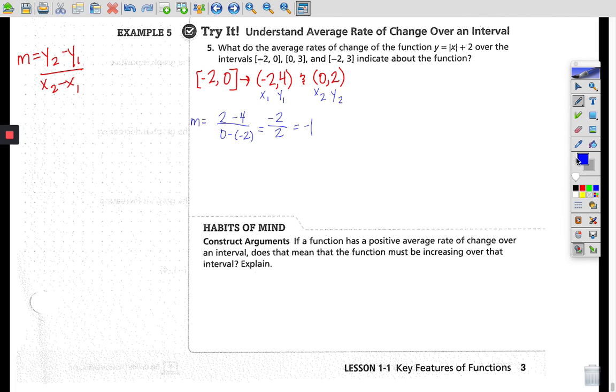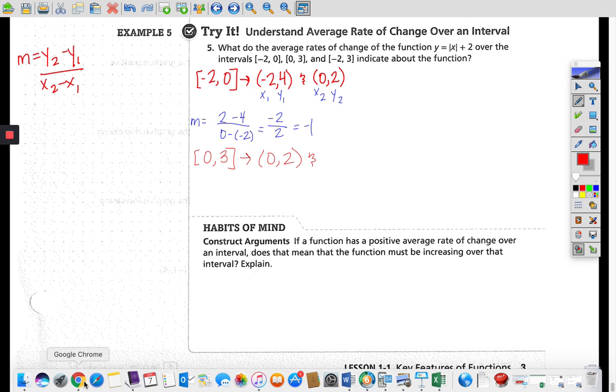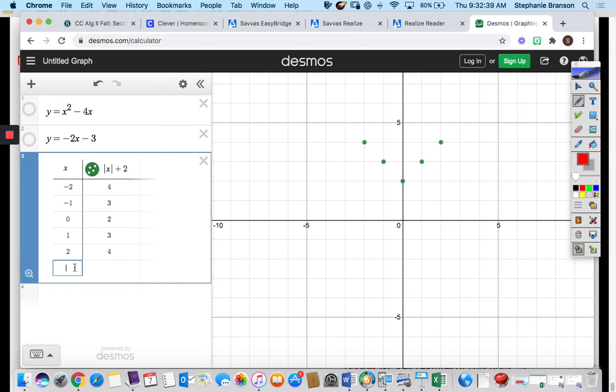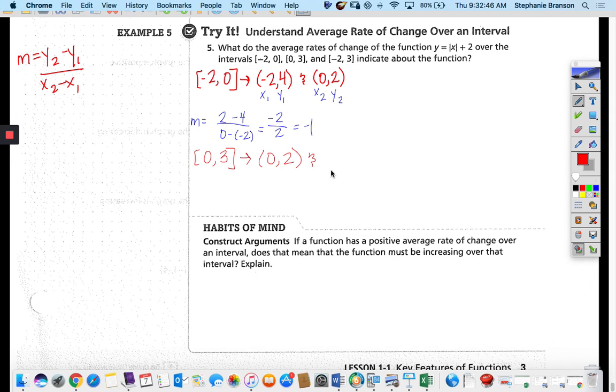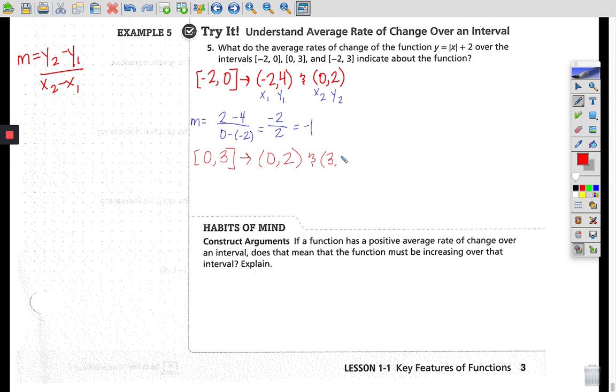All right, now let's find our average rate of change from the interval 0 to 3. Well, we know at 0, my y value is 2. And by looking at my table over here, at 3, my y value is 5. So again, I'm going to find my slope, x1, y1, x2, y2.